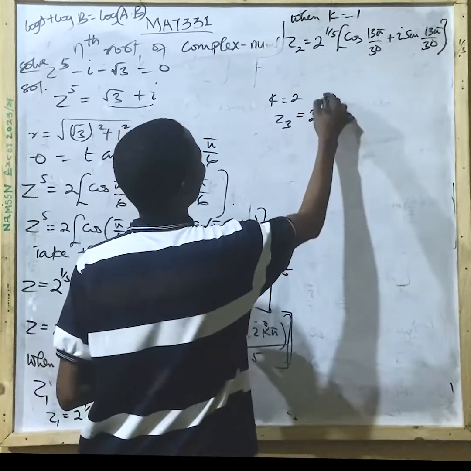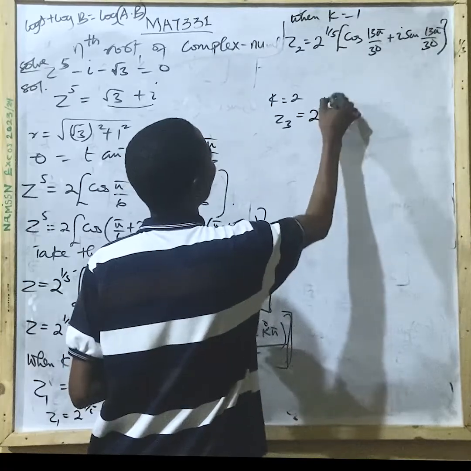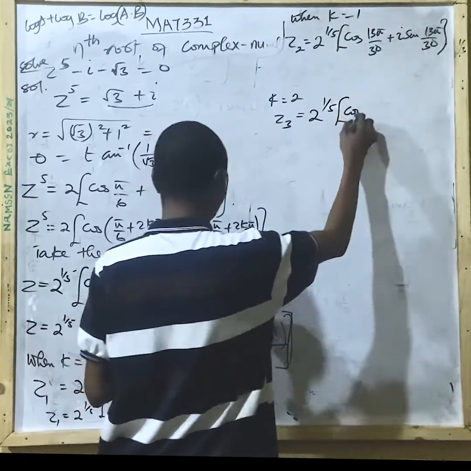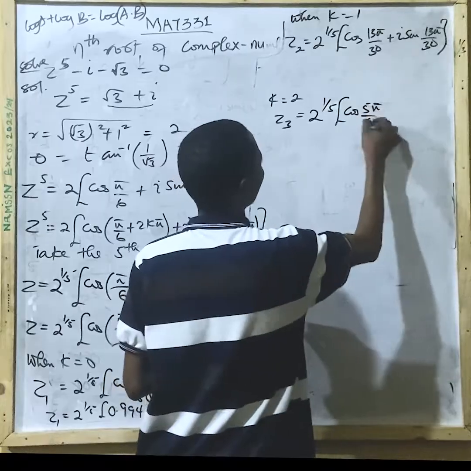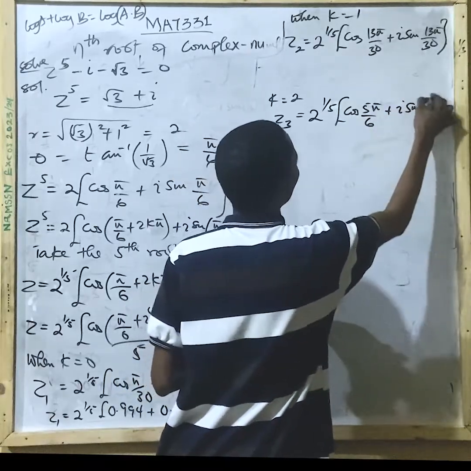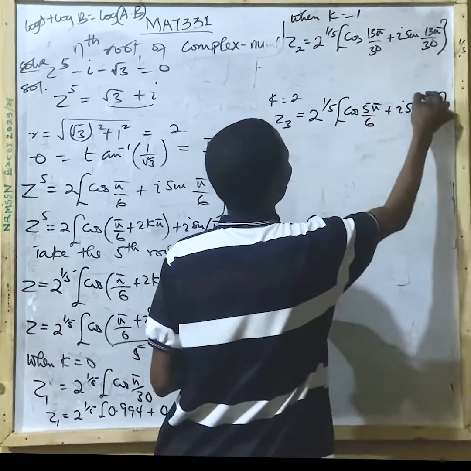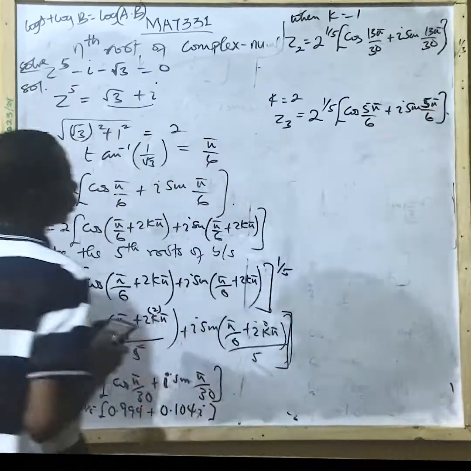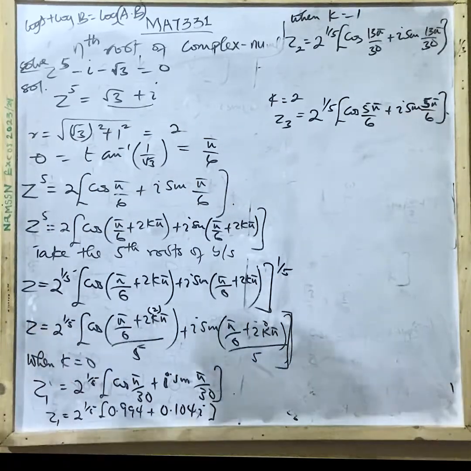So that will be 2 raised to 1 over 5 into cos 5 pi over 6 plus I sine 5 pi over 6. Then you press the numerical value of cos 5 pi over 6.